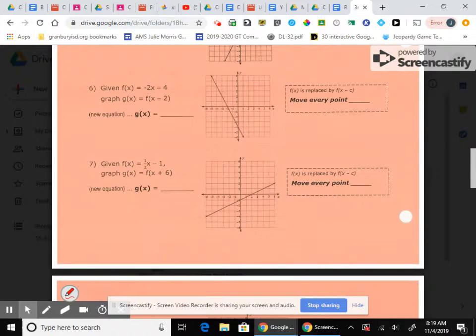Number 6, my original function is -2x minus 4. Again, I'm going to substitute x minus 2 in for x to get my new function. So I'm going to have -2(x minus 2) minus 4. So I have -2x plus 4 minus 4.